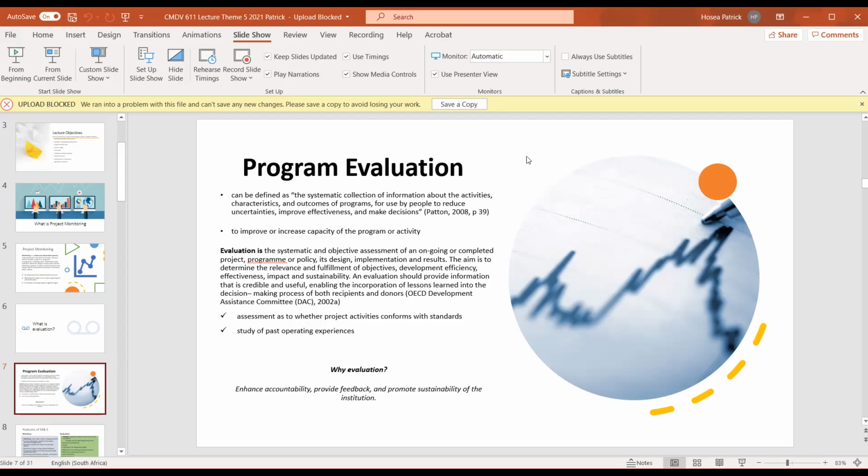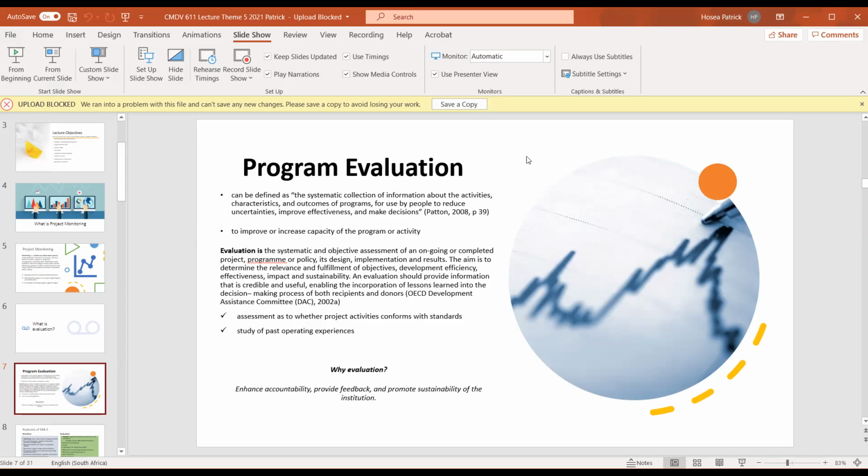And the aim is to determine what? The relevance and fulfillment of objectives. Like I said, you want to look at the depth in the fulfillment of a particular objective. While in monitoring, you are just looking at the trend, right? In evaluation, you want to look at the depth of that particular objective. So basically, that's what evaluation is all about.